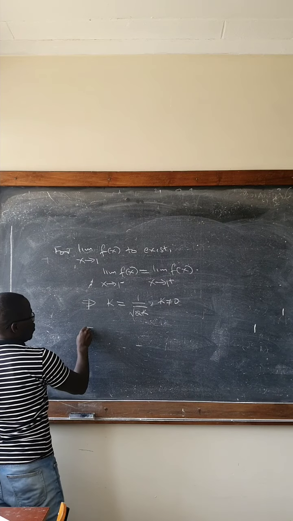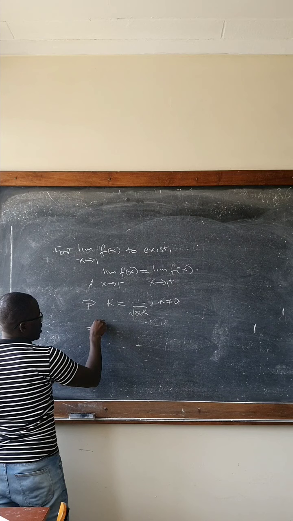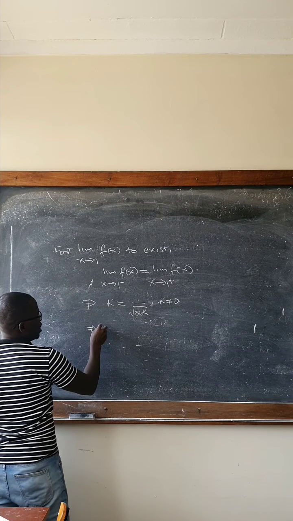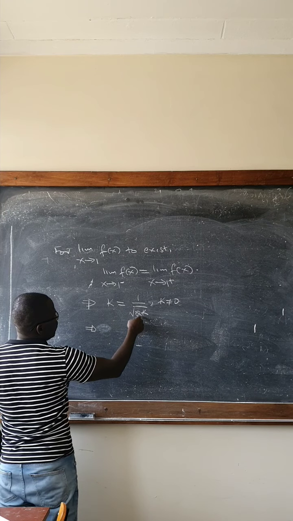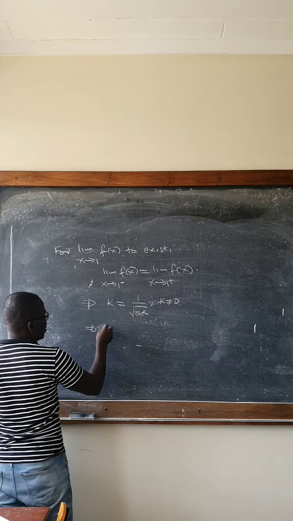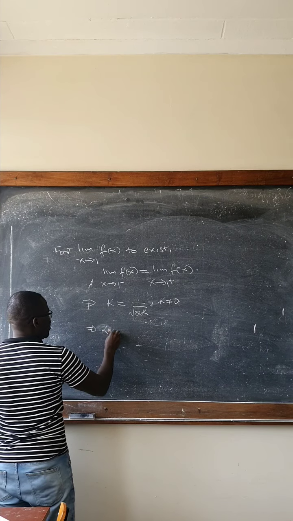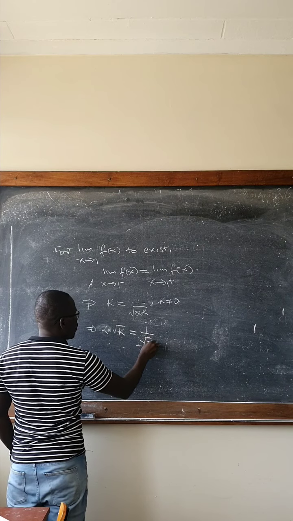Therefore here you will have that k times the square root of k is equal to 1 out of root of 2.